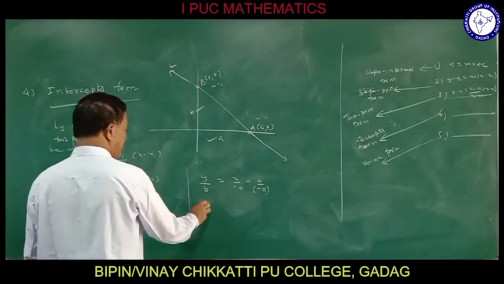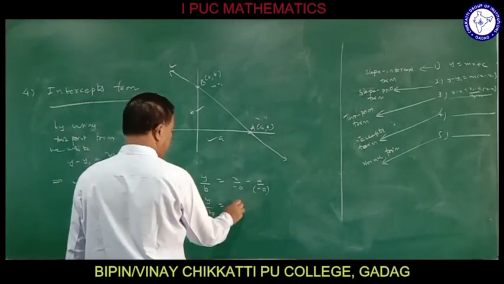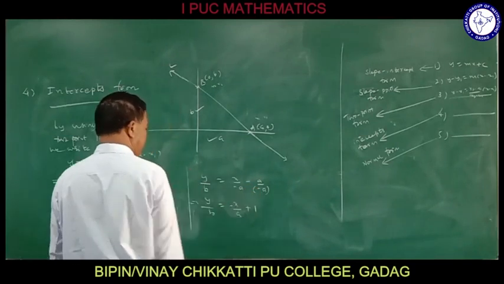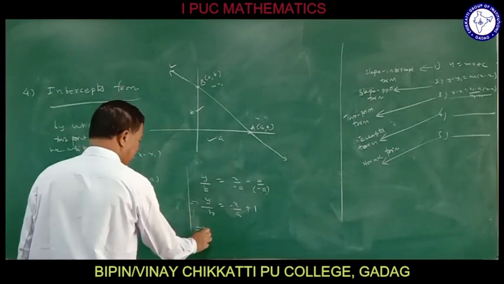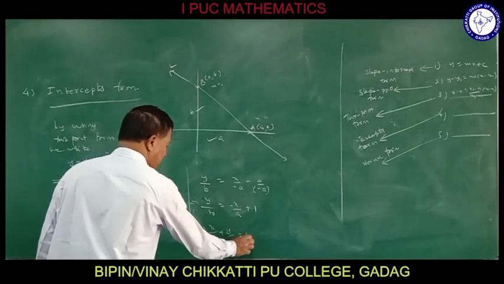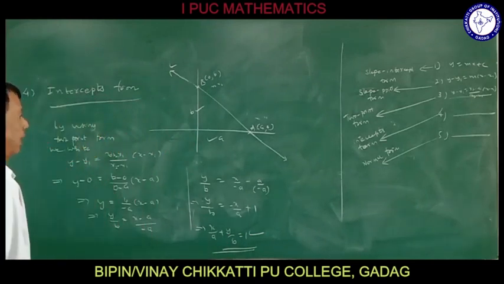Then y by b is equal to minus x by a, and minus minus becomes plus, it comes 1. You bring x by a to this side: x by a plus y by b is equal to 1. This is the intercept form of a line.